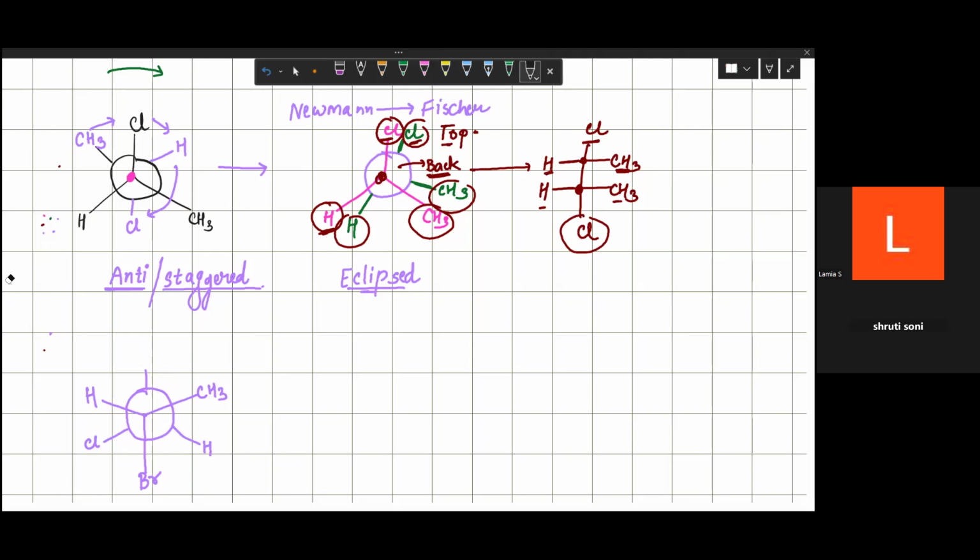Now you need to make a... Okay, let's start this. This is staggered form. Sorry, are you asking me to try to make it? I wasn't sure. Yes. Okay.